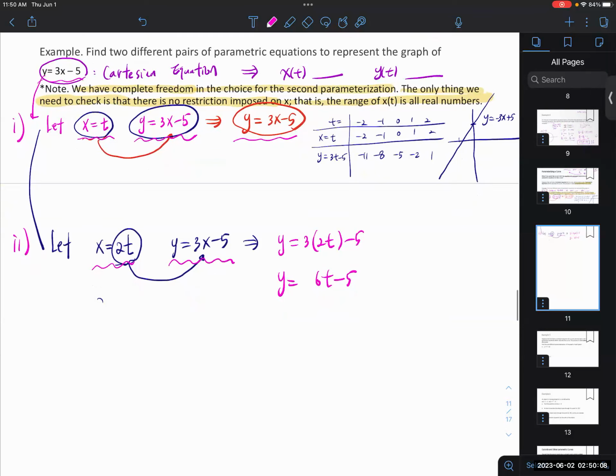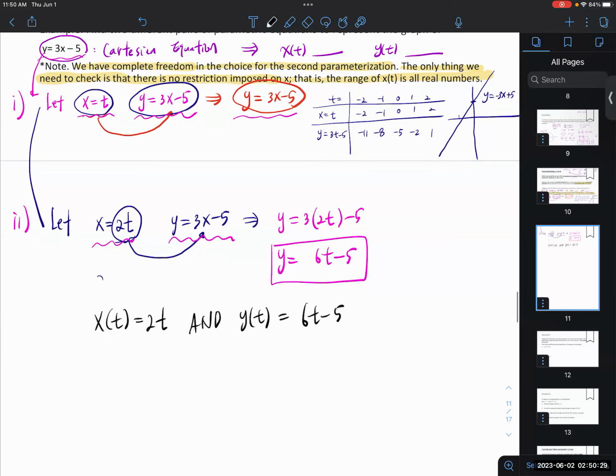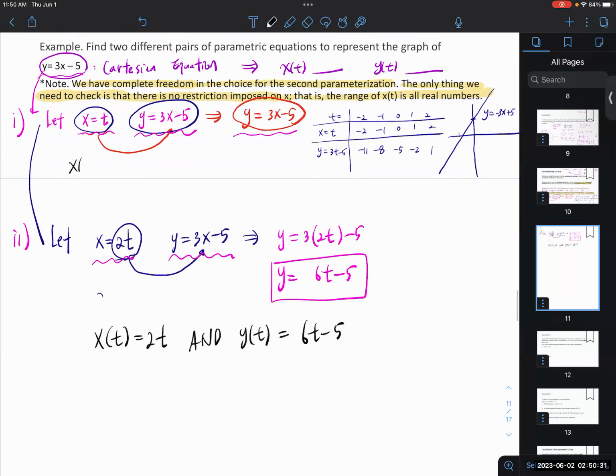So this is your second pair: the x function equals 2t and y of t is 6t minus 5. And the first one, x of t equals t, y of t equals 3t minus 5. So this is your other pair.